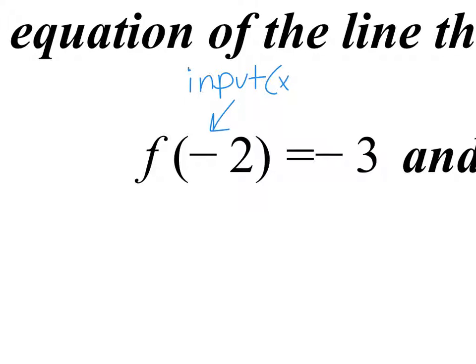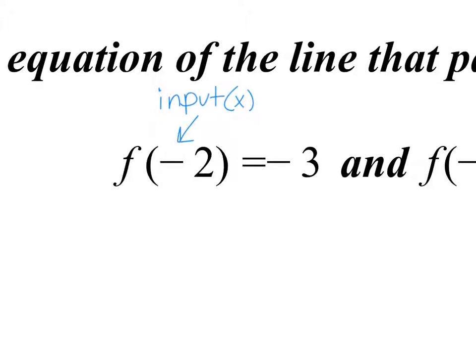If there's any problem from today that my students get right now and then forget over and over, it's this. It's not hard, it's just a particular one. The output is -3. The output is y. So you have the x and y from function notation. You input -2, you output -3.